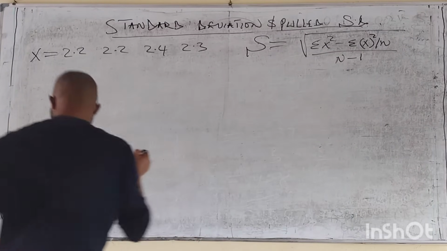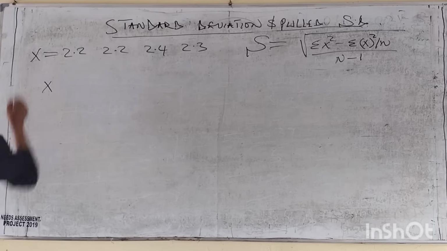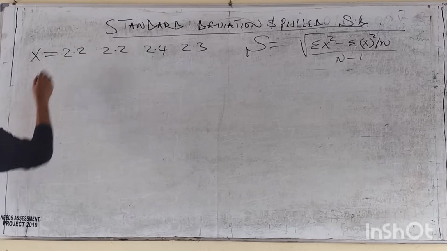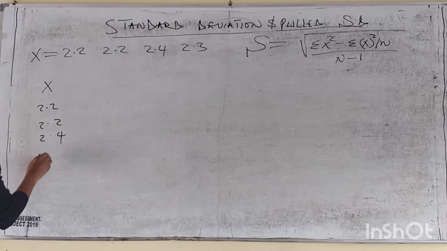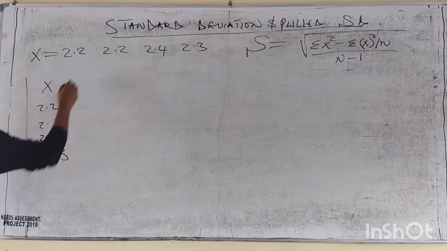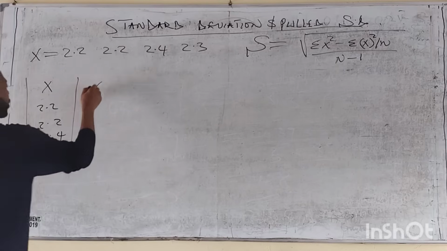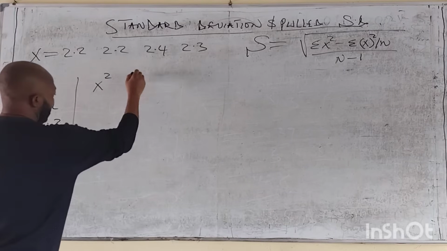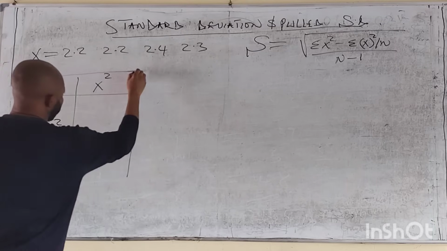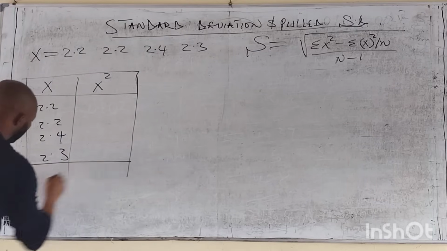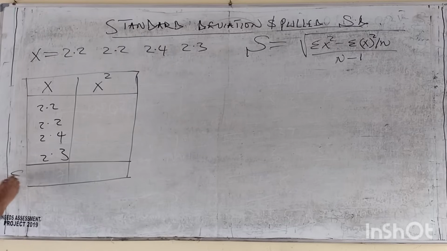So I have my x here again. The values are 2.2, 2.2, 2.4, and 2.3. I have my x squared here, which means I'm going to square it, then get the summation. So this is the summation here.